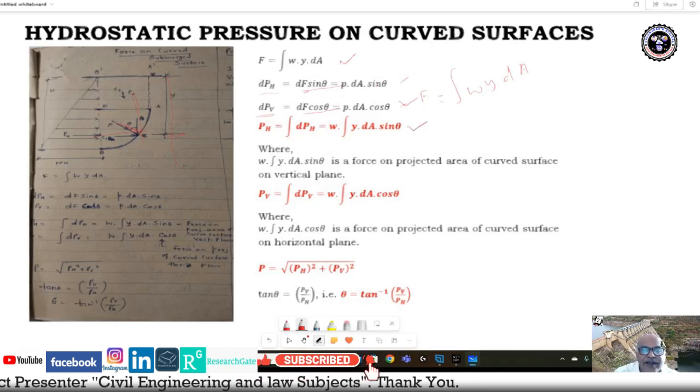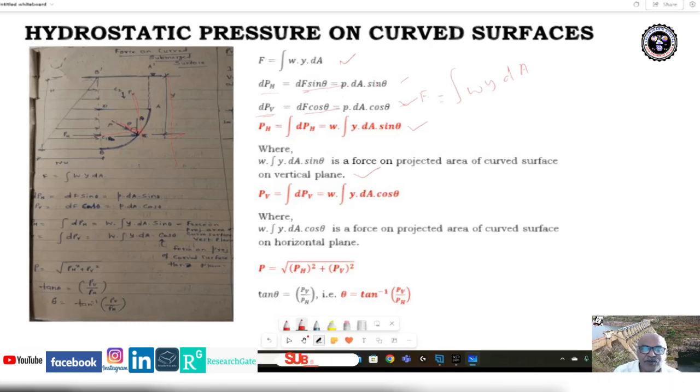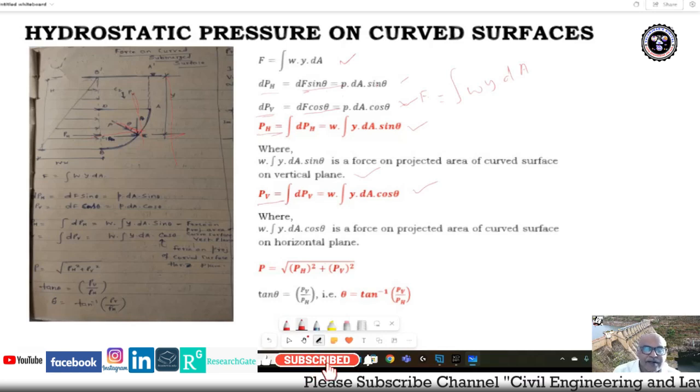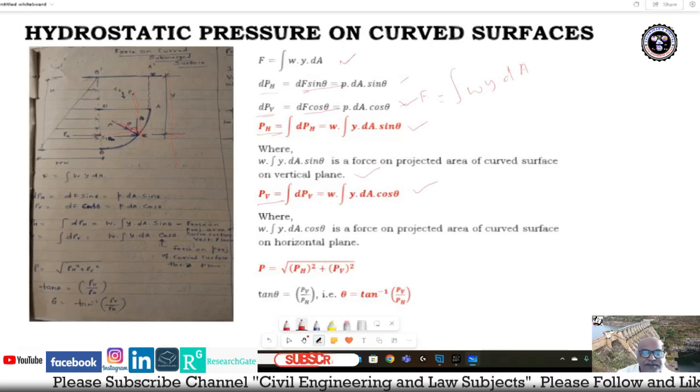The integral of y dA sine theta is the force on the projected area of the curved surface on a vertical plane. Whereas PV is equal to the integral of dPV, equal to W integral of y dA cos theta. So this is the total horizontal force and this is the total vertical force, where the integral of y dA cos theta is the force on the projected area of the curved surface on a horizontal plane.